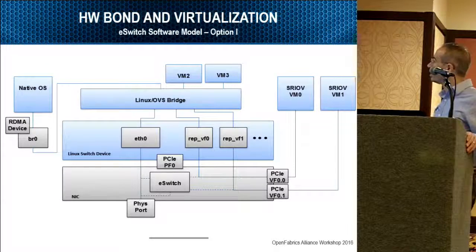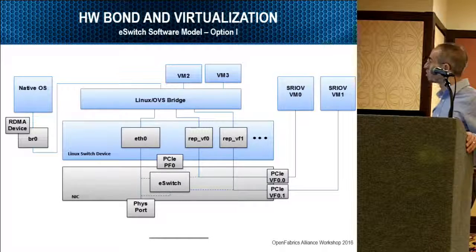How traffic flows: if an SRIOV VM would like to send traffic, it is sent by the vendor driver over the virtual function in the VM directly to the E-switch. The E-switch performs the forwarding. If it's outside, it goes to the physical port.